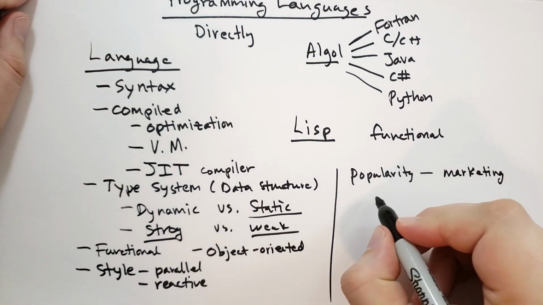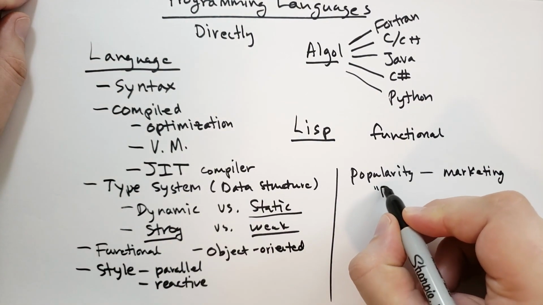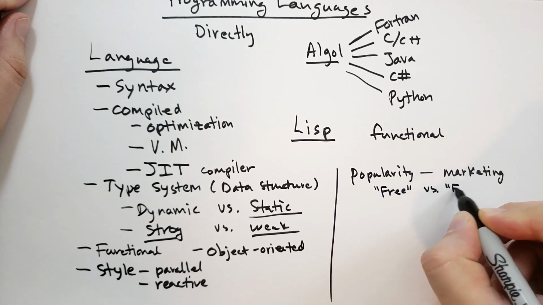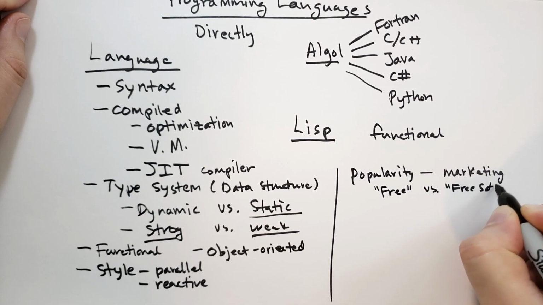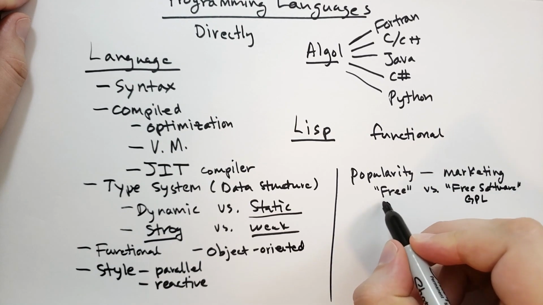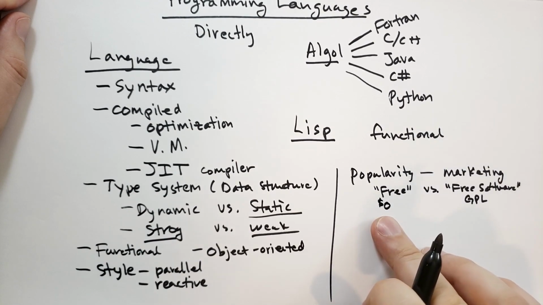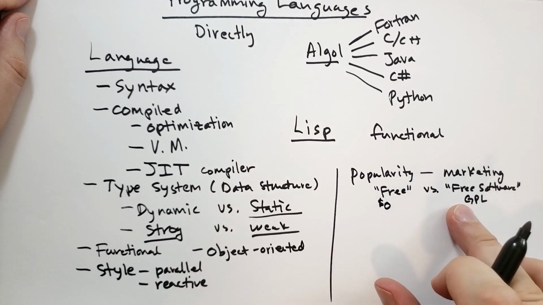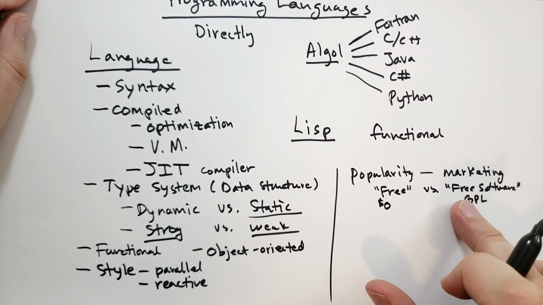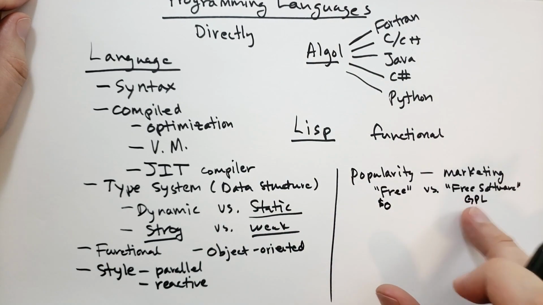Other things that affect popularity is you might have free languages, free programs versus free software. Free software is not necessarily free. This free software, we're talking about the GPL. Free means $0, right? And just because it's $0 doesn't mean it's free as in beer, but not free as in freedom. So free software is free as in freedom. You're able to do things with it. This is important.